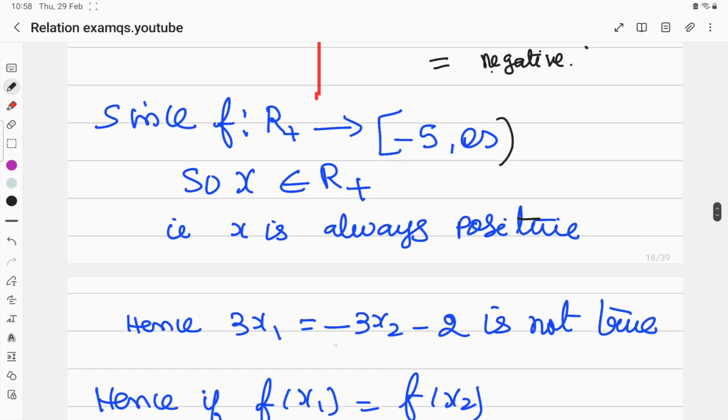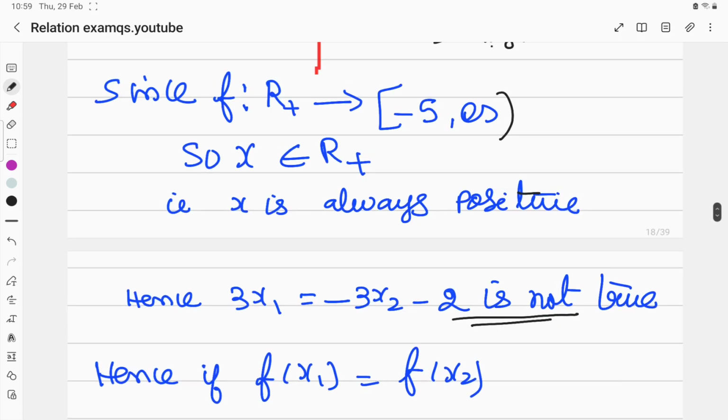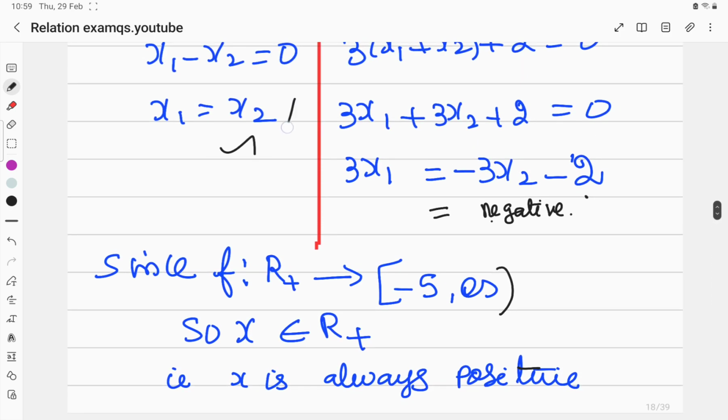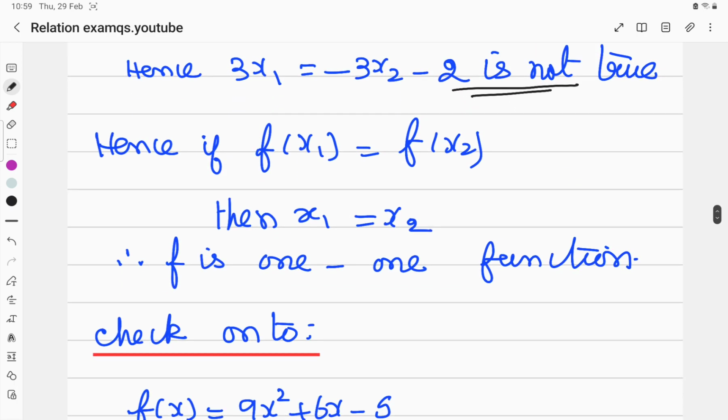Hence 3x1 is equal to minus 3x2 minus 2 is not true. Hence if f of x1 is equal to f of x2, then x1 is equal to x2. Here f is a one-one function.